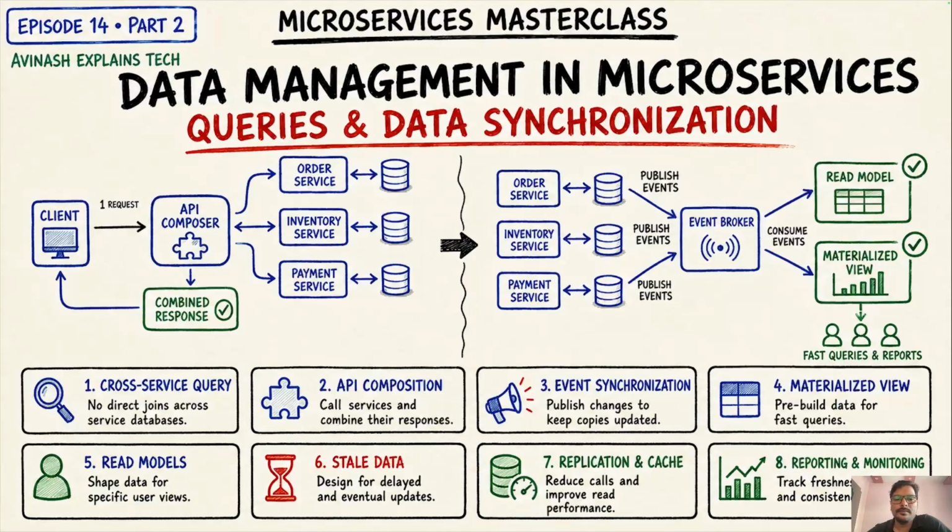But there are some challenges. If 5 services are called sequentially, the total response time becomes the sum of all 5 calls. To reduce the latency, independent calls can be executed in parallel, but even with parallel calls, the final response usually depends on the slowest service.